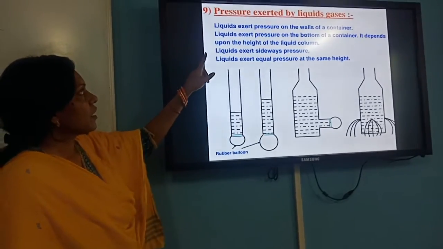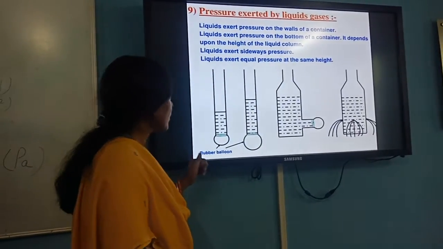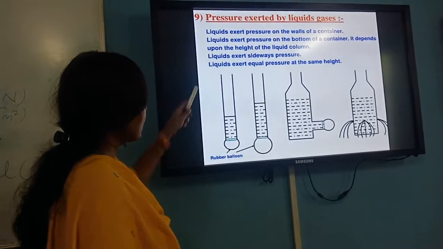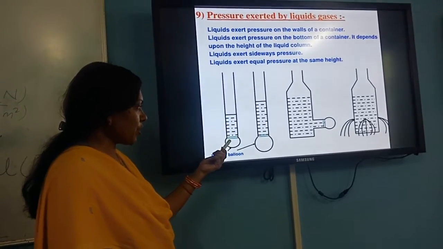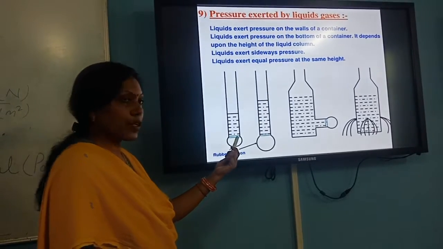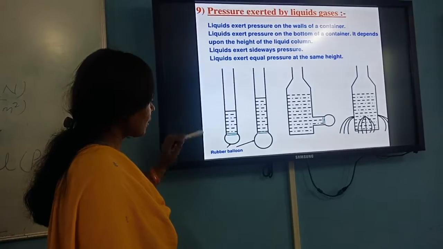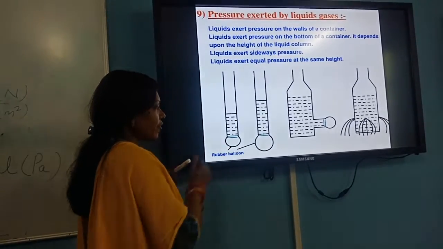Pressure exerted by liquids. Here we take a glass tube, and at the bottom of the glass tube we tie a rubber balloon. We put water into this glass tube. When we put water, the rubber balloon slightly inflates.